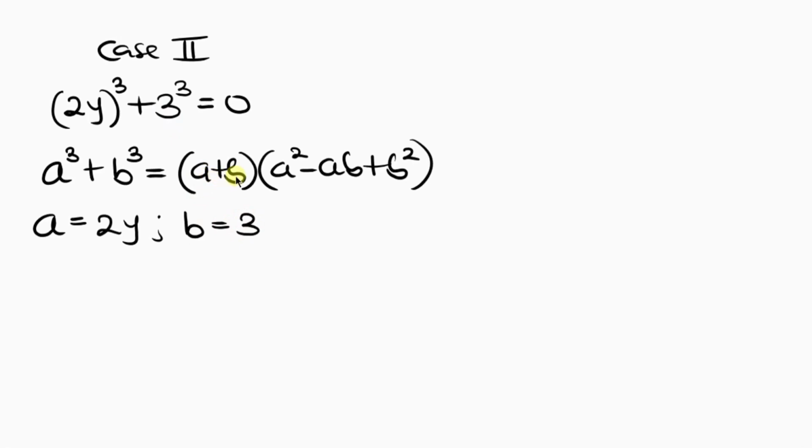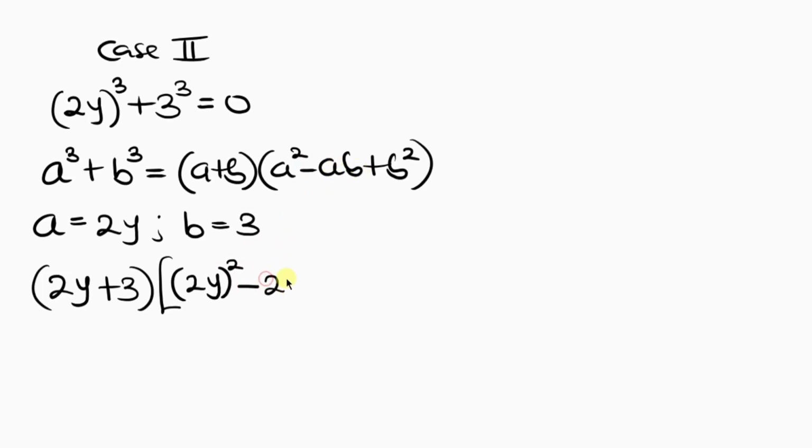So that means a plus b is 2y plus 3, and then times a squared, this is 2y all squared, minus ab, a is 2y times b, which is 3, and then plus b squared, that is 3 squared. Very good.